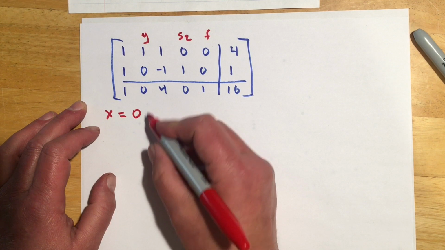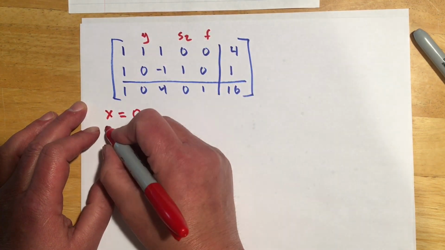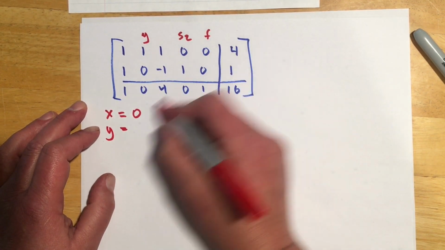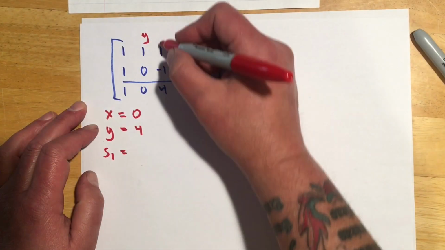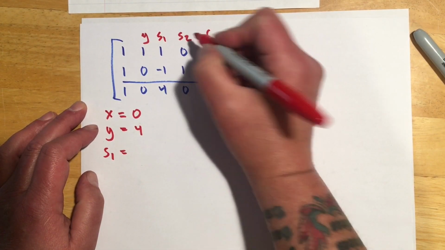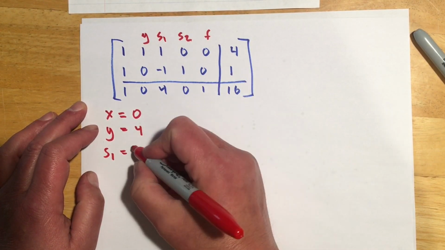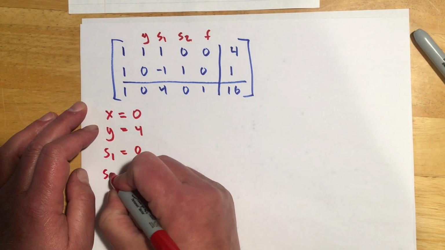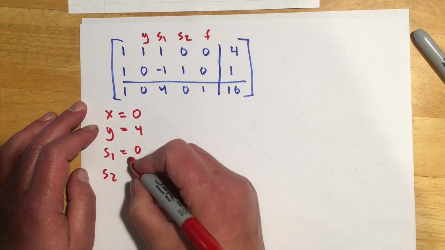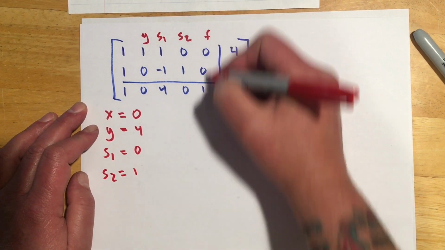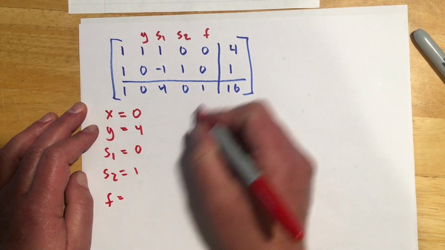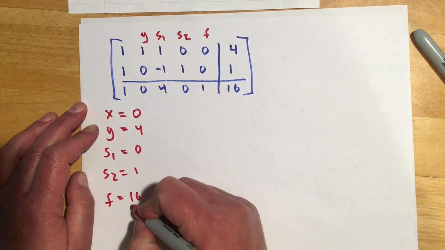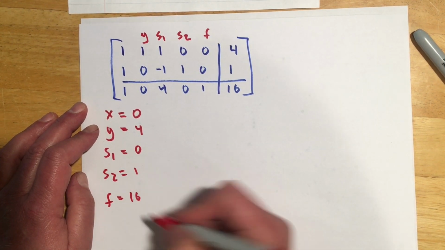So X is 0. Y, that's right here, is 4. This was S1. This is S2. S1 is 0 because that was non-basic. S2, that one is 1. And then F is 16. So it's maximized at 16.